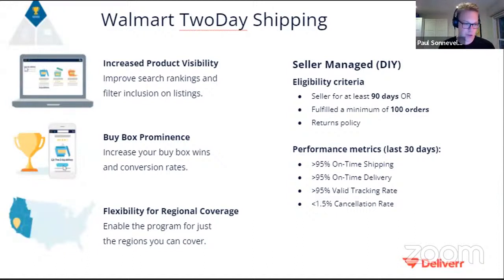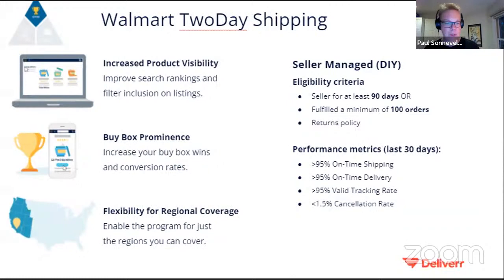You do have another option, by the way, and that option is to use a Walmart approved fulfillment and delivery business. So I've put Deliver on there. That's one example. ShipBob has just been approved as well. So if you use one of those two companies, you automatically participate in the 2-day shipping program, which obviously is a bit of a shortcut.